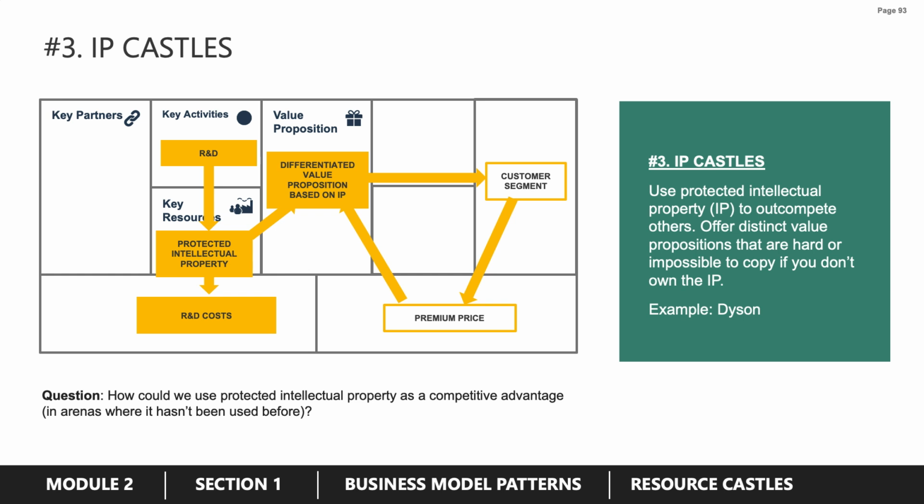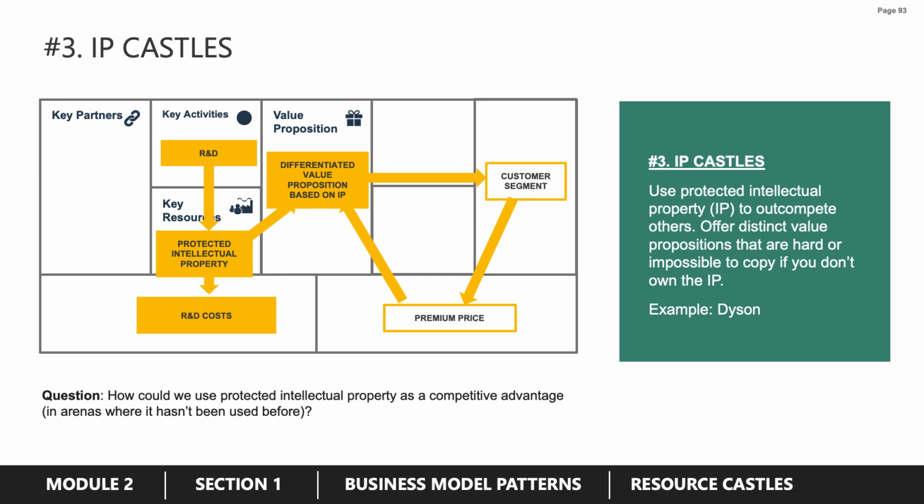And a good example here is Dyson. Dyson put a lot of research and effort into building out different products that had unique designs, unique aspects that they could patent. That meant that the products they were able to sell had a premium price. So you've got Dyson hair dryers, for instance, and they are well above the average price.